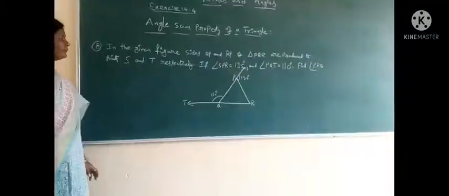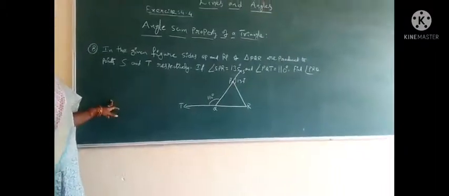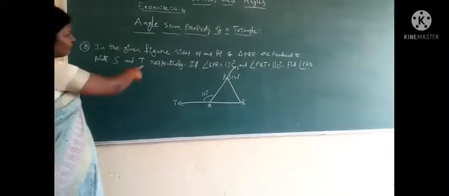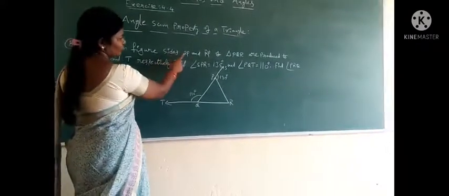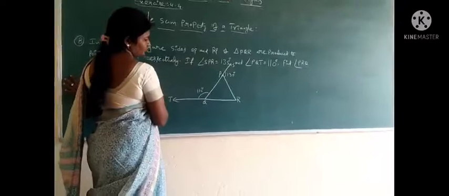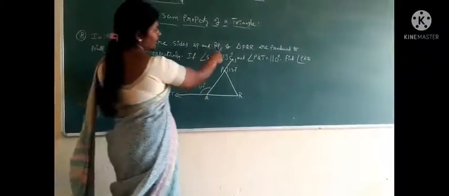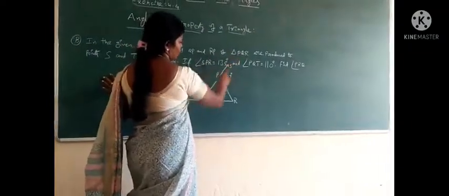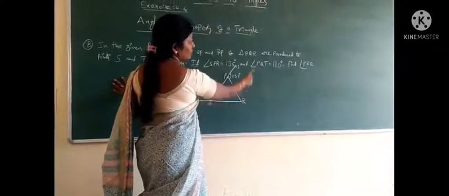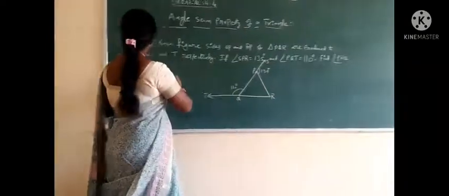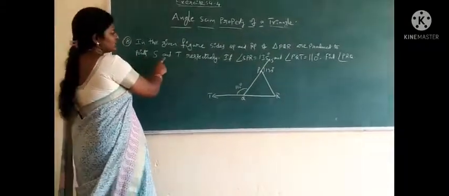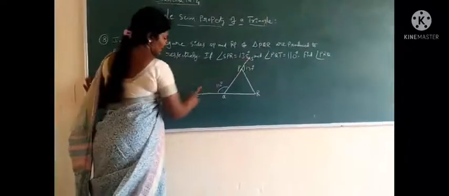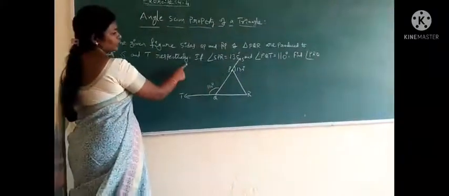Next problem, students. In the given figure, sides QP and RP of triangle PQR are produced to points S and T respectively.